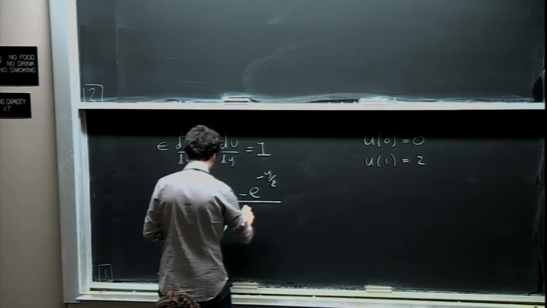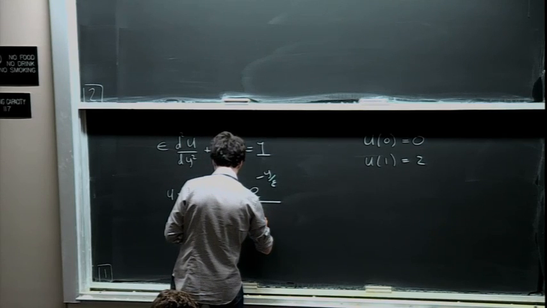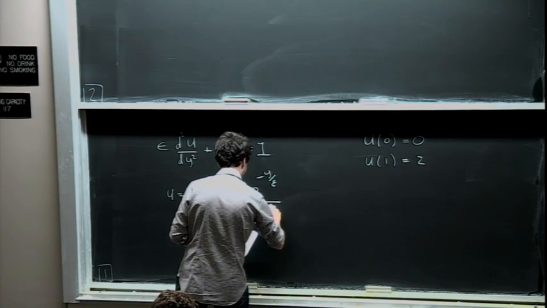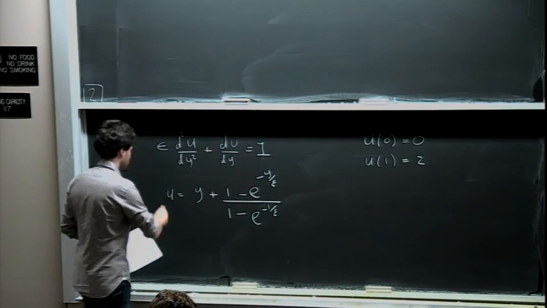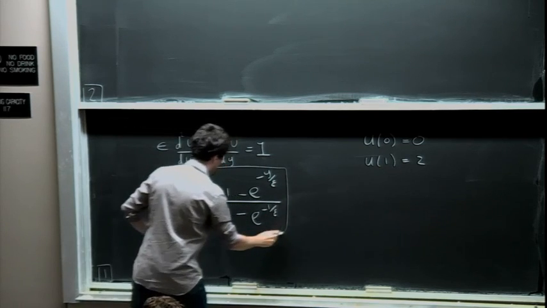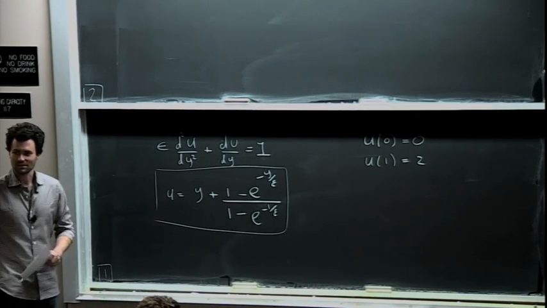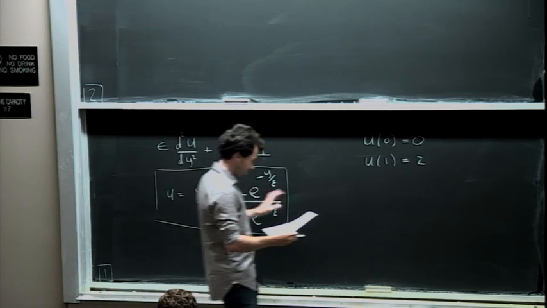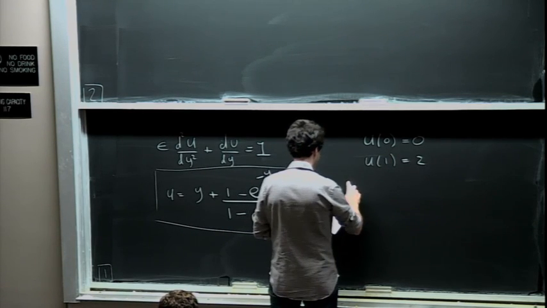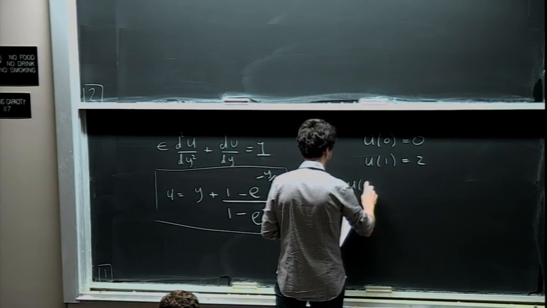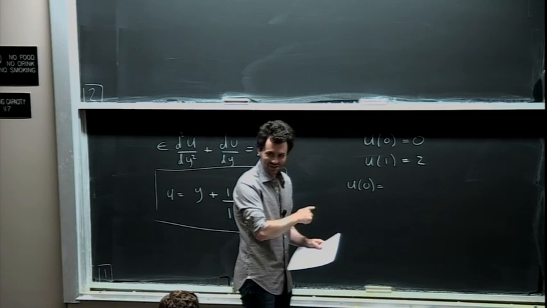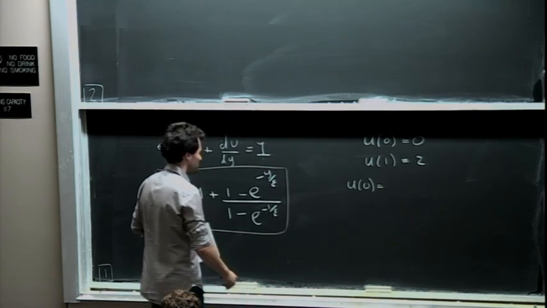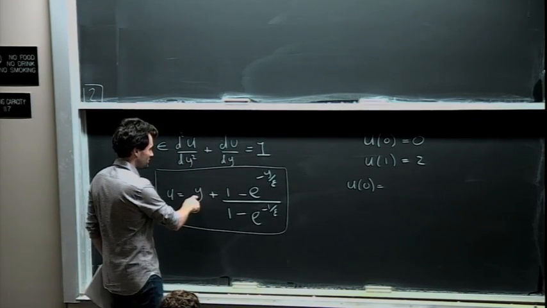So as usual, I'm going to start with the solution and convince you it's the solution. I claim this is the solution. It's an exactly solvable differential equation. Does anybody believe this solution? Well, I don't, so I'm just going to check. Okay. So what's u of 0? U of 0 is 0, right?